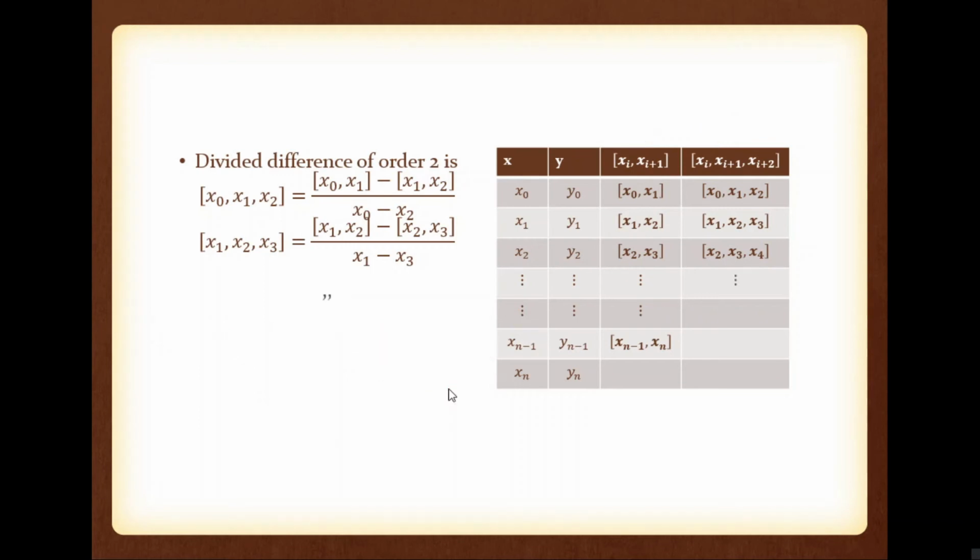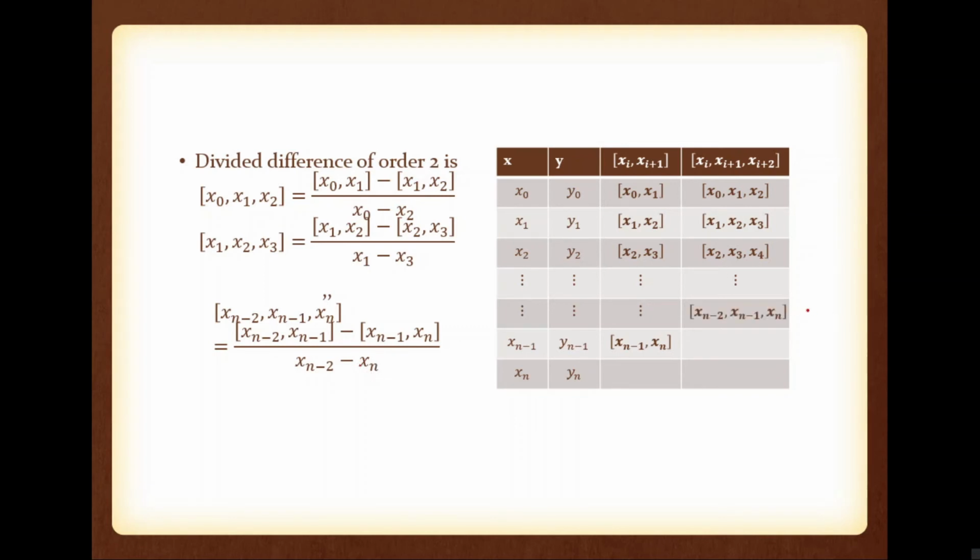So the last element in this column is [xn minus 2, xn minus 1, xn] equal to ([xn minus 2, xn minus 1] minus [xn minus 1, xn]) divided by (xn minus 2 minus xn). So that is this one.